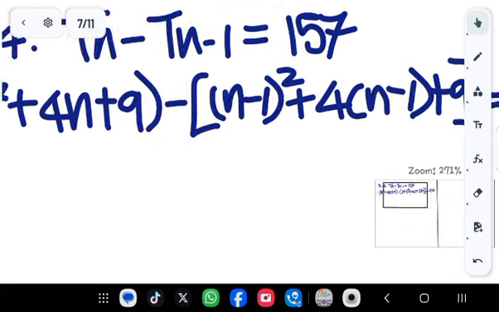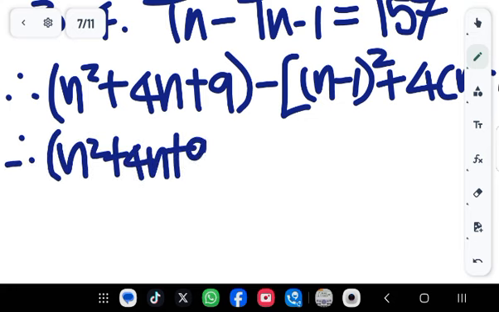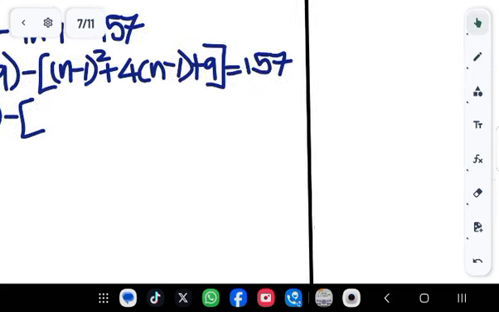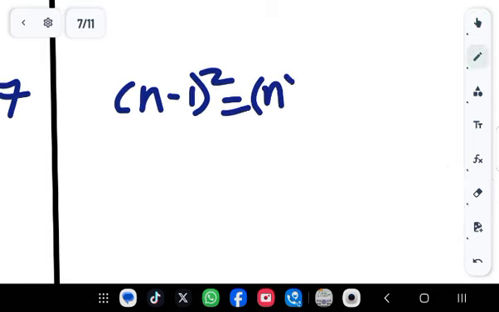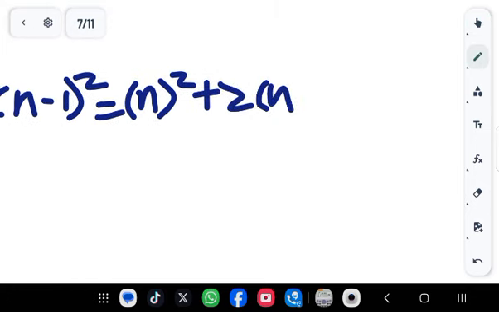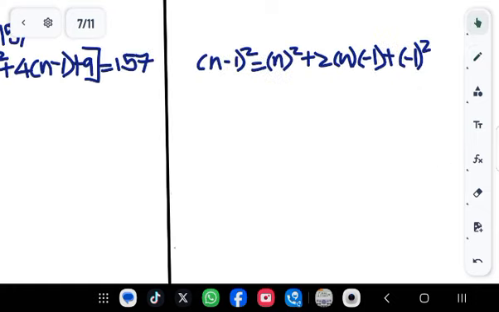Let's expand now. That leaves us with n squared plus 4n plus 9 minus, let's expand the square of the binomial, n minus 1 all squared, which is equal to the square of the first term plus 2 times the product of the terms with their signs plus the square of the last term.